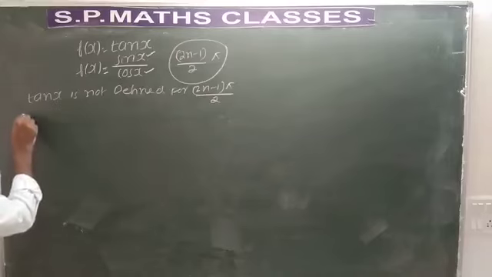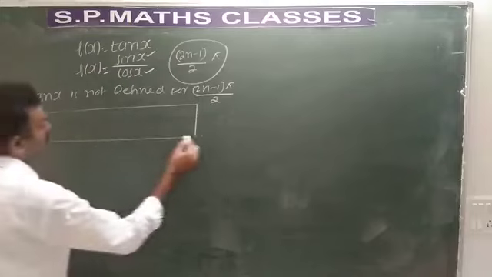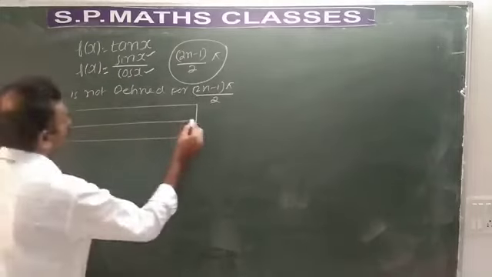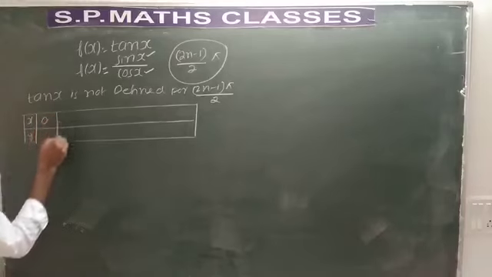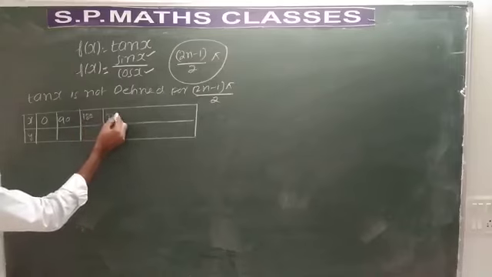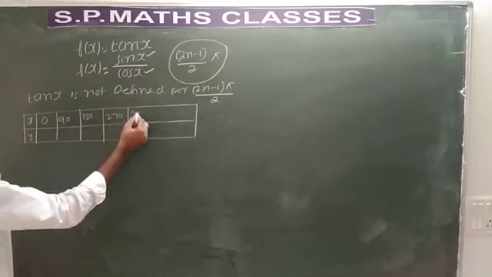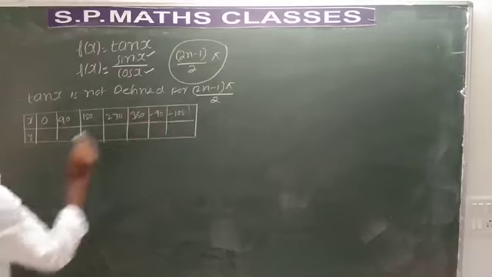If you are going to write the table on this, this is x and y: 0, 90, 180, 270, 360, minus 90, minus 180 and so on, it continues.